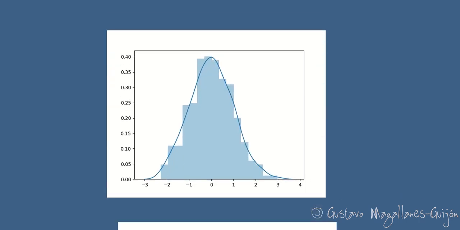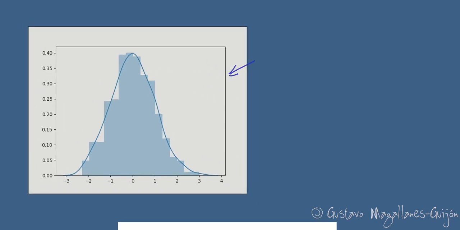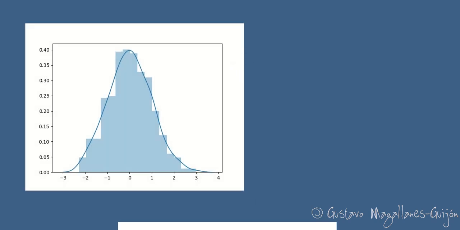This plot is very, very close to a normal distribution. And remember that in a normal distribution, we have a Gaussian shape. It's more or less this.